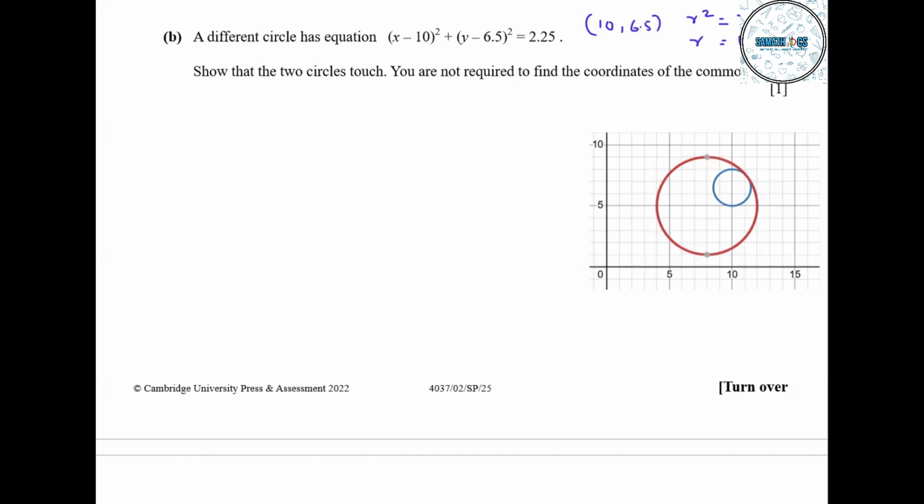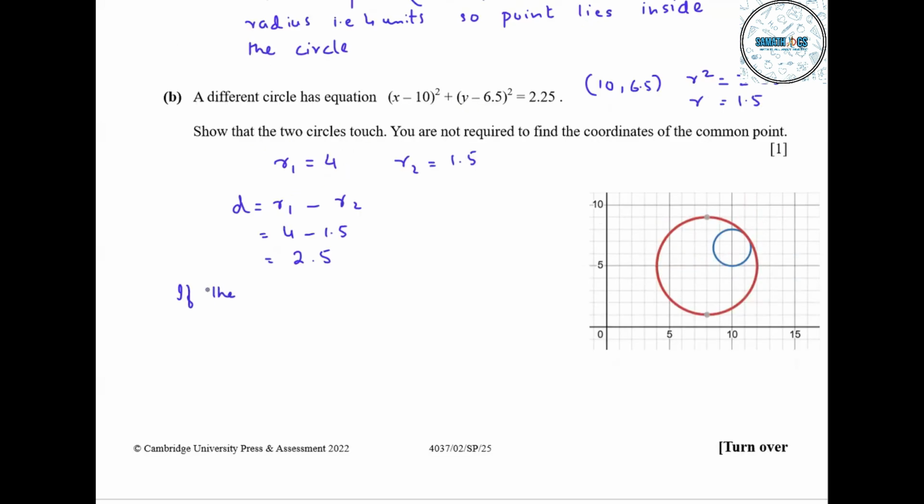Now, if you have to show that the two circles touch, we have to find out the difference between the two radii, right? So one of the radius is 4 and the radius of this circle is 1.5. Now we will take out difference between the two radii. So difference is equal to R1 minus R2. So R1 is 4 and R2 is 1.5, so which is 2.5.